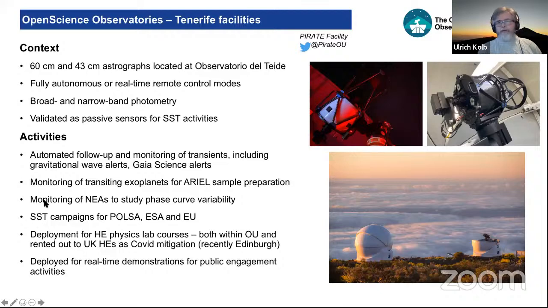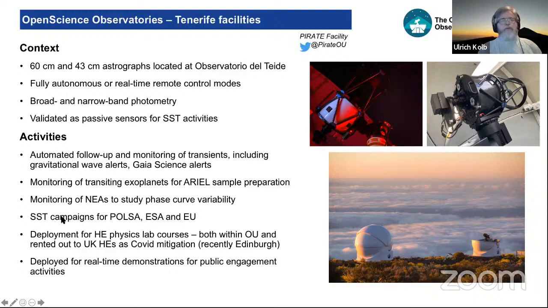However, we also now have started, and have been doing for 2 years, probably 1.5 years, a new campaign to monitor near-Earth asteroids to study the variability of their phase curves. And that's really the subject of the second half of this talk.